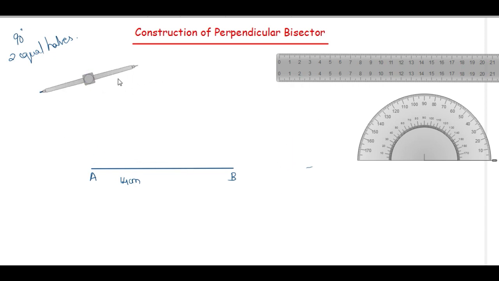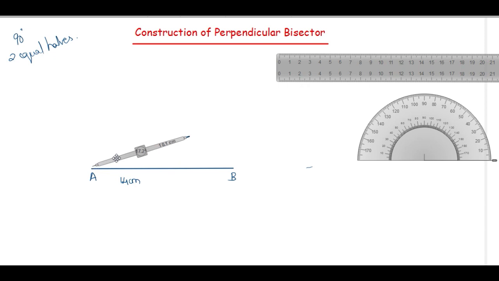So we are going to adjust this compass in such a manner that the needle is placed at vertex A. The needle has to be placed at one of the vertices, and then we are going to set the radius of the compass. What is the radius of the compass?